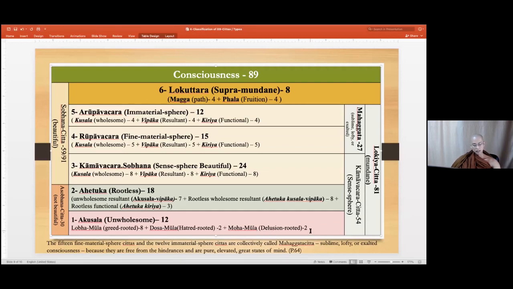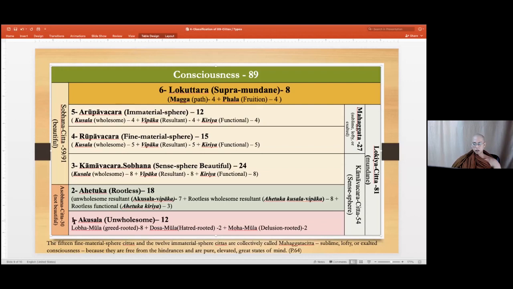This is the classification of 12 unwholesome consciousness that basically arise in the ordinary person. Because we have greed, hatred, and delusion, the consciousness rooted in greed, hatred, and delusion commonly arises in the puthujjana, the ordinary person.